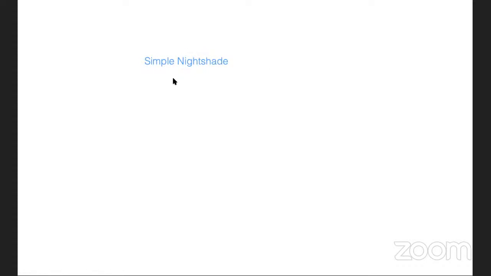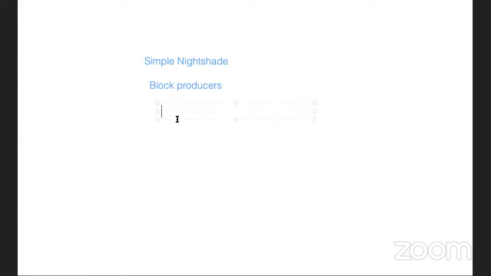Okay, it works well on Mac. So we're going to go into sharding with this kind of simple Nightshade approach where we have block producers, and block producers will track all the shards.